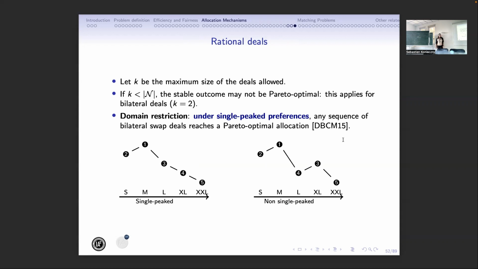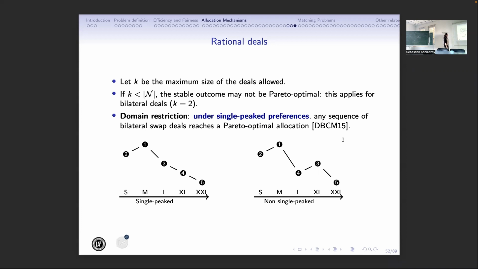But there is a specific case where we can guarantee Pareto optimal allocation. It is in the case of single-peaked preferences. So single-peaked preferences is what we call a domain restriction. We have an assumption on the preference structures of the agents, which allows us to consider only a subset of preference structures.